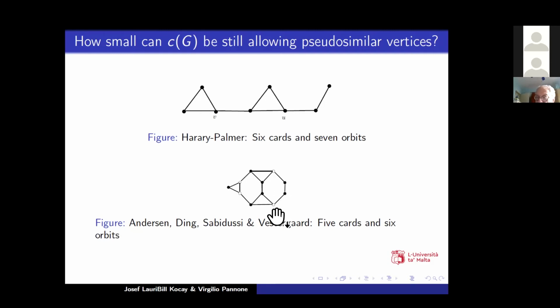If we remove them, the graph is isomorphic. So 1, 2, 3, 4, and these 2 again 5, because they're in the same orbit. However, these 2 are in different orbits, therefore they are pseudosimilar. So we have 5 cards, but 6 orbits.